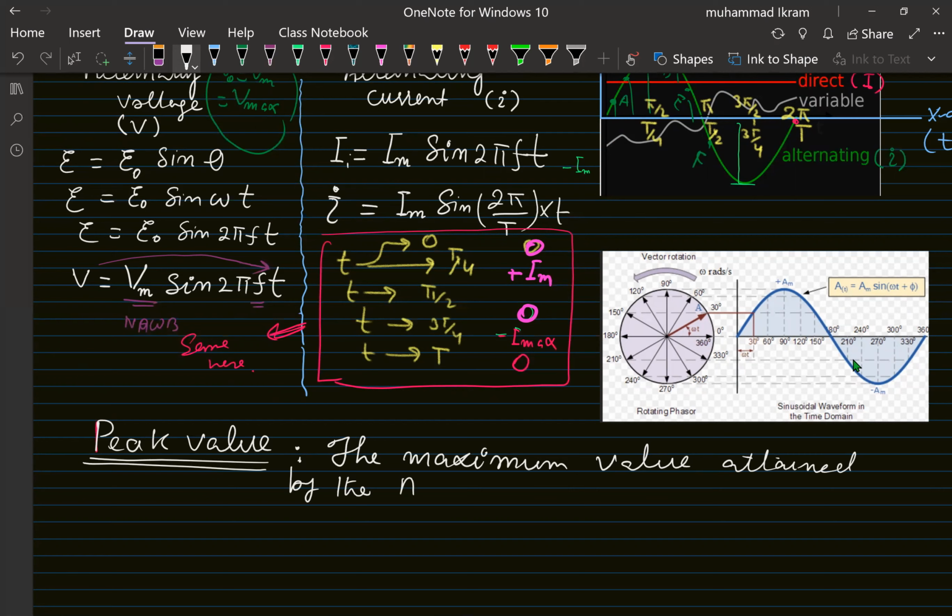It is called the peak value, sometimes also called the p value. Here the peak value will be represented by Im or Vm, the maximum values.